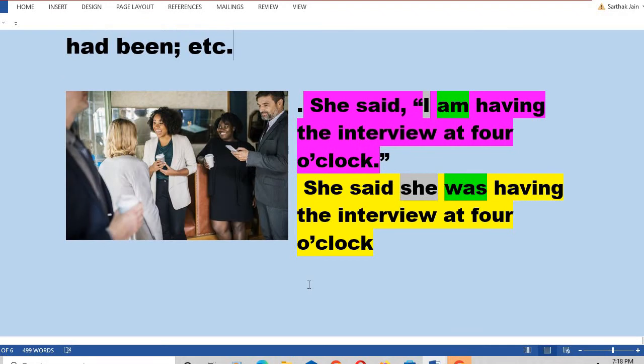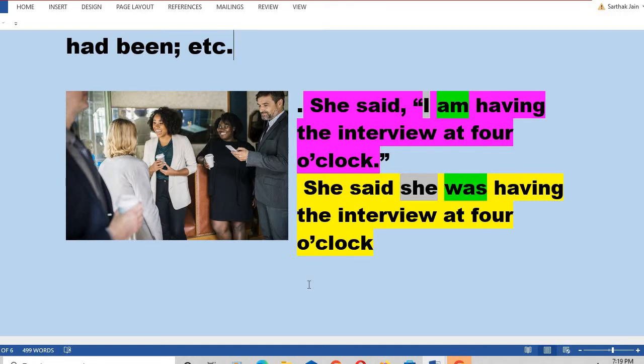A direct speech is just like, see: She said, "I'm having the interview at 4 o'clock." Its indirect version is, she said she was having the interview at 4 o'clock. Now you see the highlighted verbs and pronouns, which you can understand easily. In the direct speech, the speaker is I, that is the pronoun of the first person.